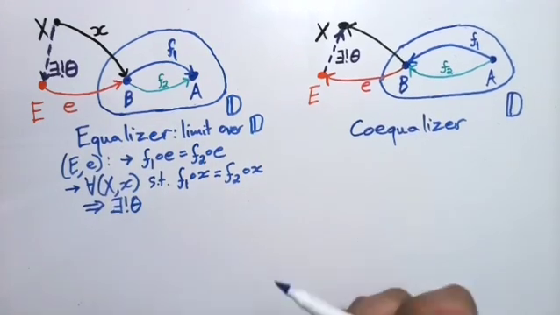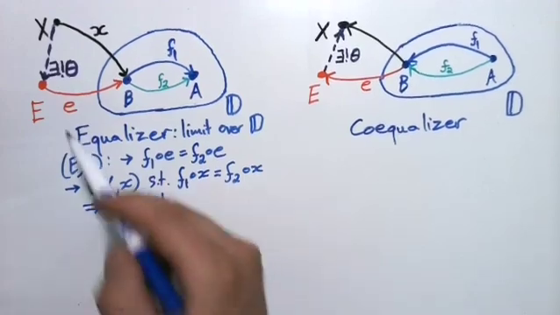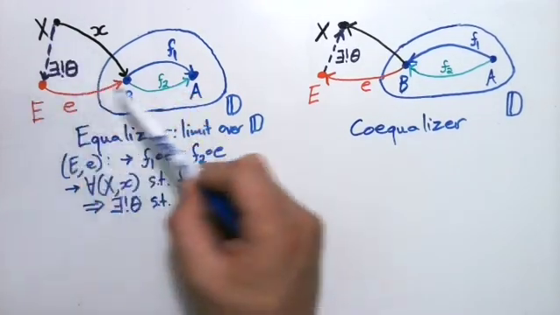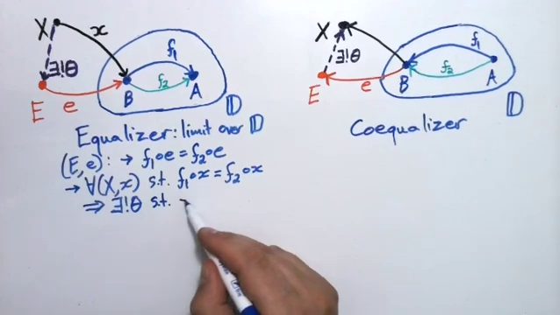So there exists a unique theta such that E after theta is equal to X.